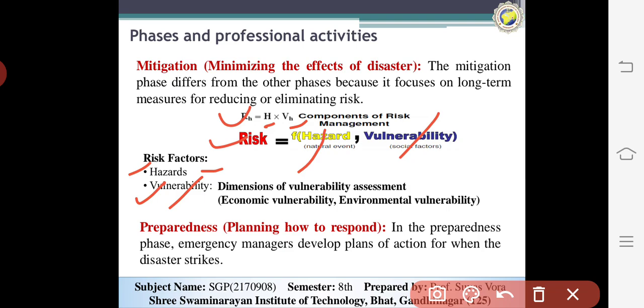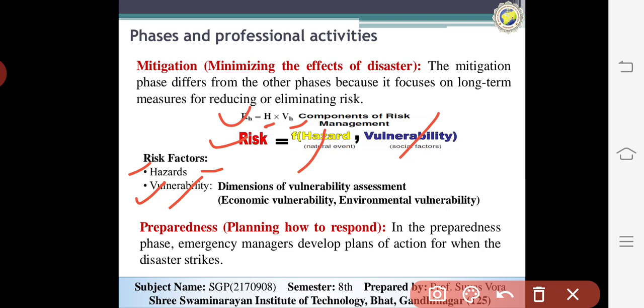Physical vulnerability analyzes the impact of the event on assets such as buildings, infrastructure and agriculture. Social vulnerability estimates the impact of events on highly vulnerable groups such as the poor, coping capacity and state institution structures, etc.